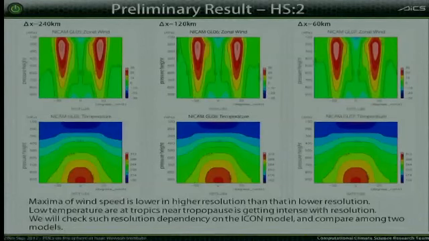Also, the low temperature area in the tropical upper troposphere becomes more intense with increasing resolution. So we want to check such resolution dependency in the ICON model and compare NICAM and ICON.